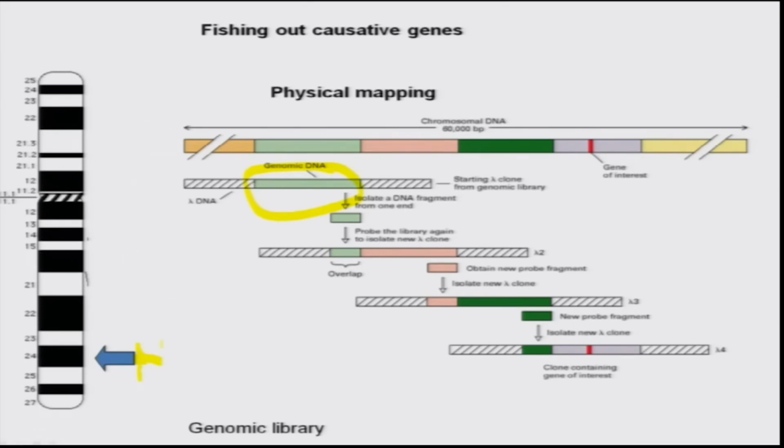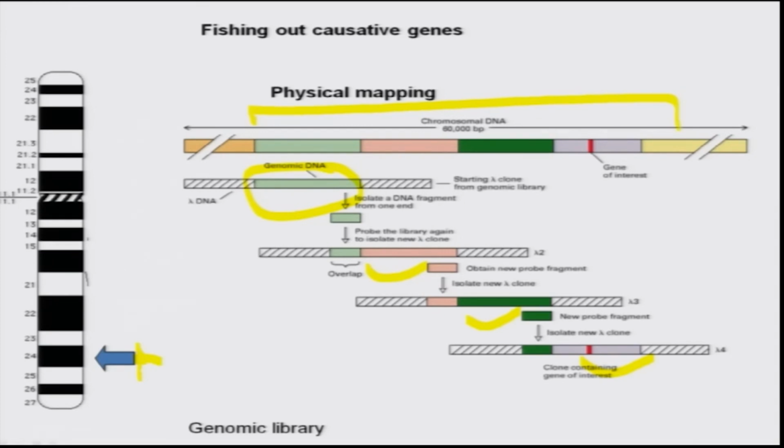Now, you use this genomic DNA fragment to get the clones, different fragments that overlap with each other and represent the region which could possibly harbor the gene. So, you have to take pieces of the DNA in your genomic library and stitch them together to get the DNA representing that region of the chromosome. So, this is called physical mapping.